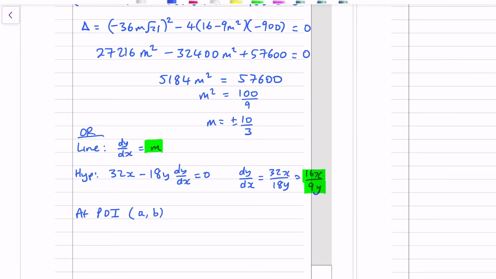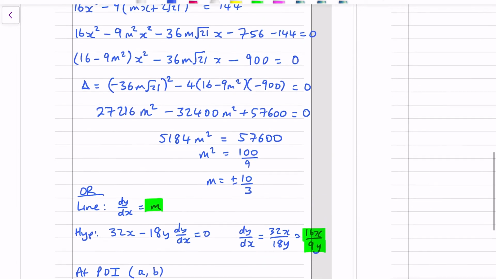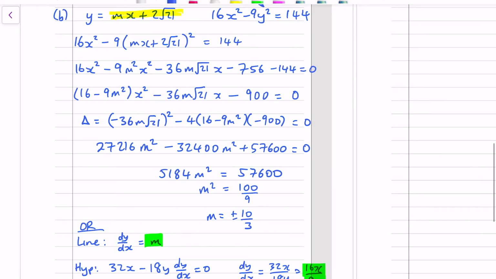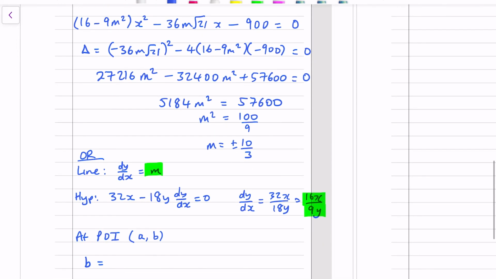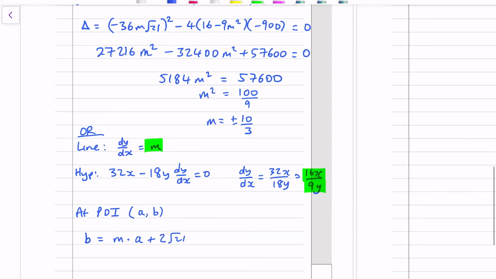we know that (a, b) is on the line. So that must mean that b is equal to m times a plus 2 root 21. (a, b) must satisfy the line equation.